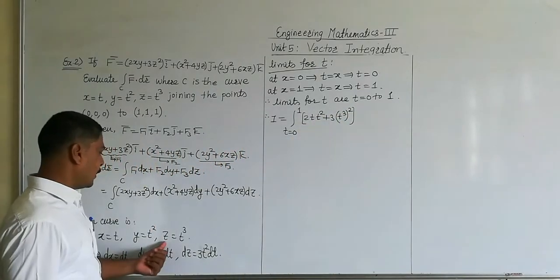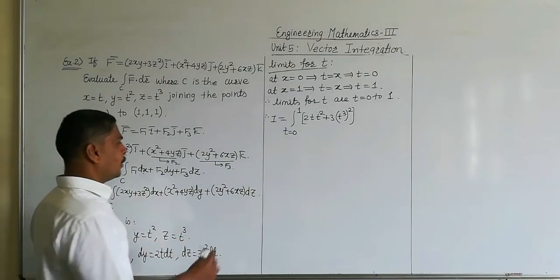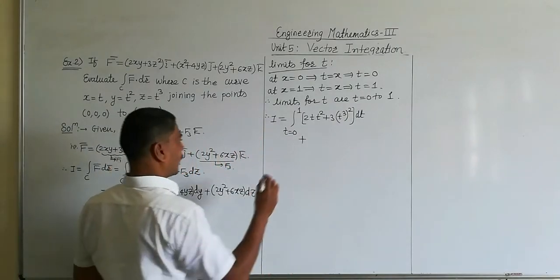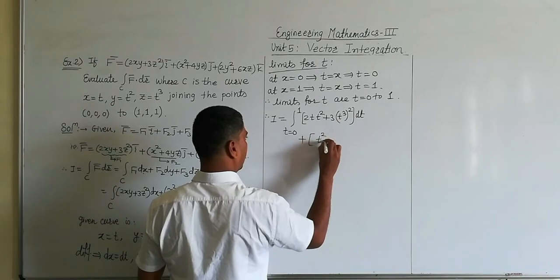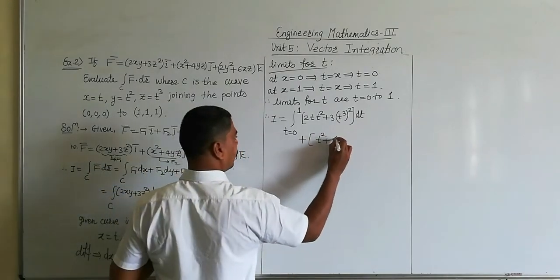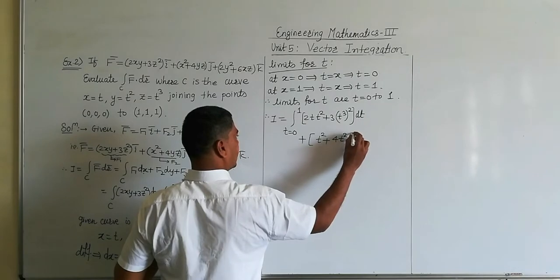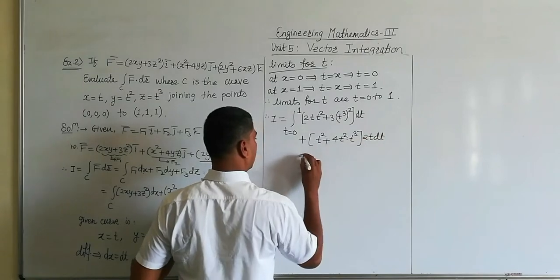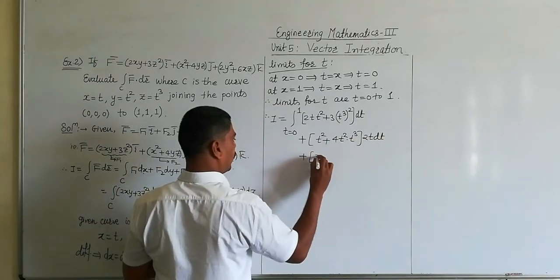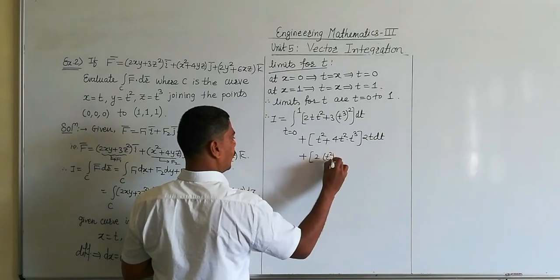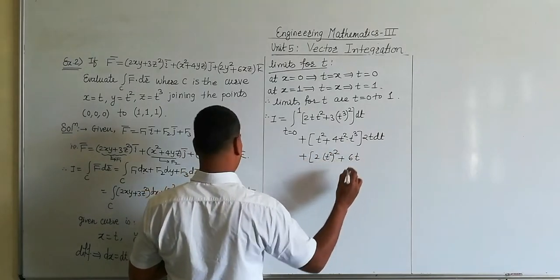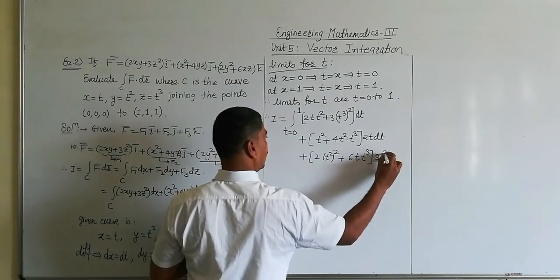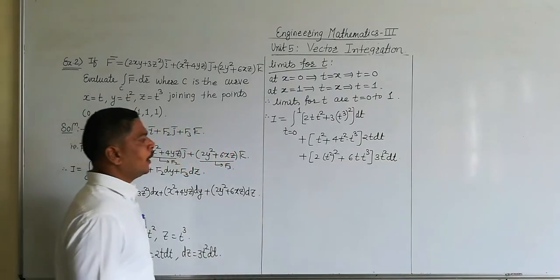Value of z is t cube, square of t cube into dx, dx is dt, then plus sign, in bracket value of x is t, its square, plus 4 into value of y is t square into value of z is t cube into dy, dy becomes 2t dt, plus next term is plus into bracket 2 into value of y is t square, its square, plus 6 into value of x is t, value of z is t cube, bracket complete into dz becomes 3t square dt. Okay.